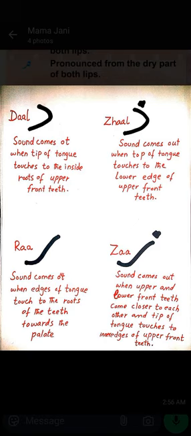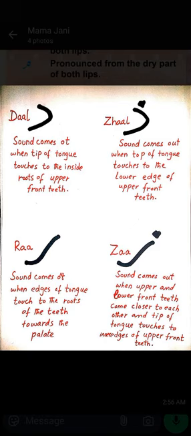The sound of ra comes out when the outer edges of our tongue touch the roots of the teeth towards the palate, on both sides. Then we pronounce ra.